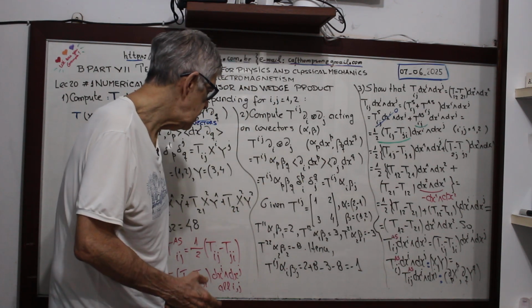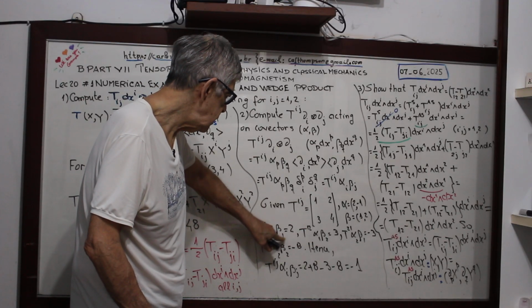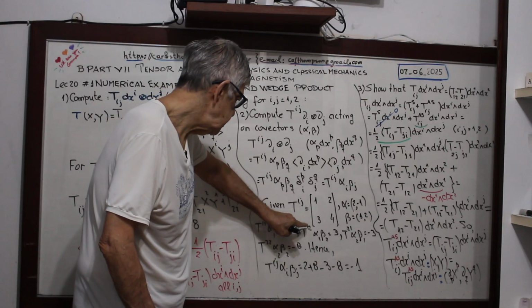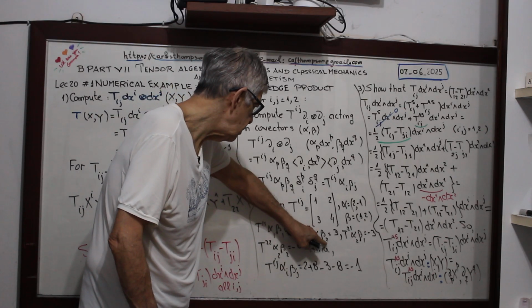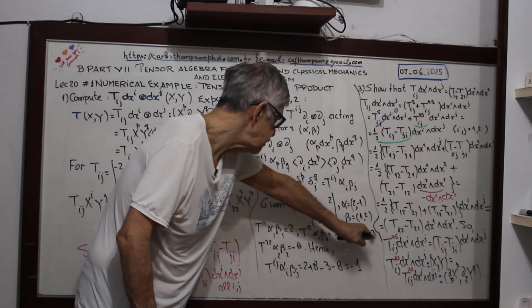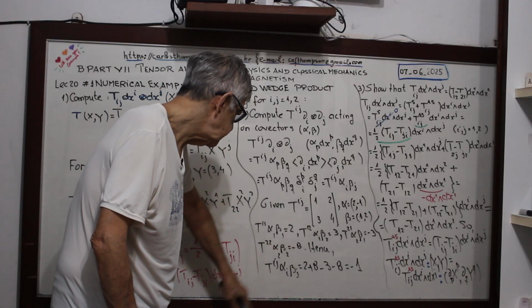Again, T^11 alpha_1 beta_1 is 2. In this case, T^12 alpha_1 beta_2 is 3, and this is minus 3. This is minus 8.